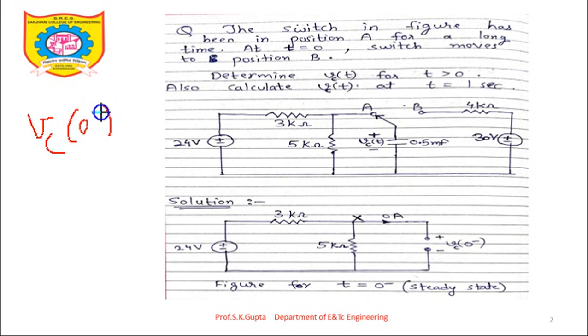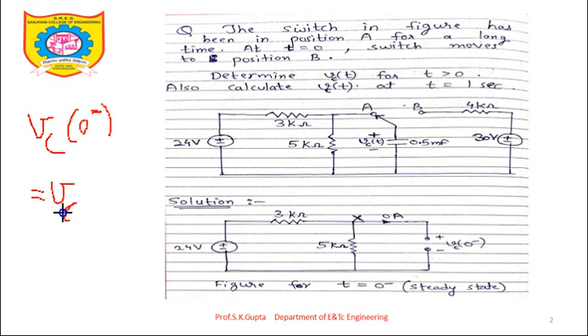Now one important point: the voltage across a capacitor does not change instantaneously. So whenever switching occurs, for just a very small moment the same voltage will be there before and after switching. So my VC0 minus is the same as VC0 plus.